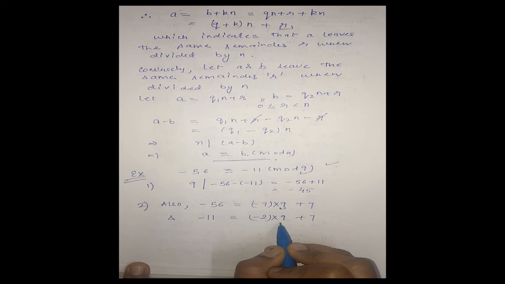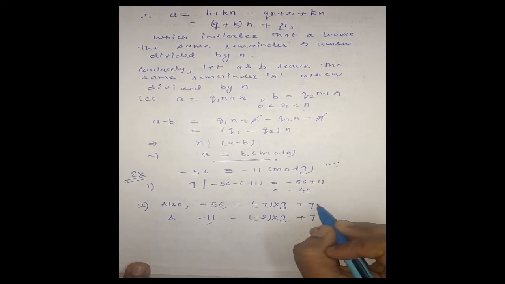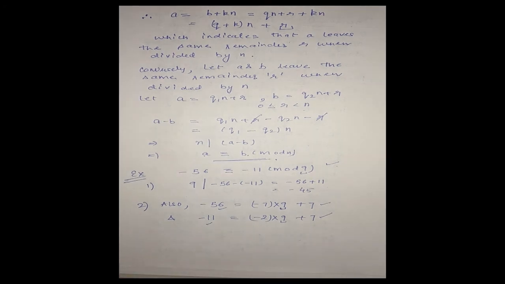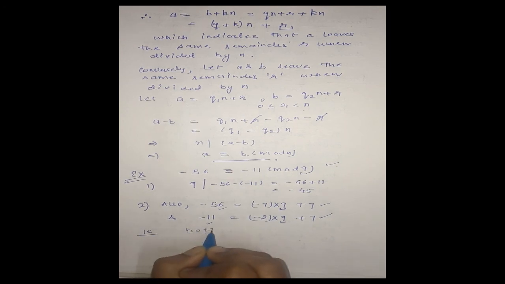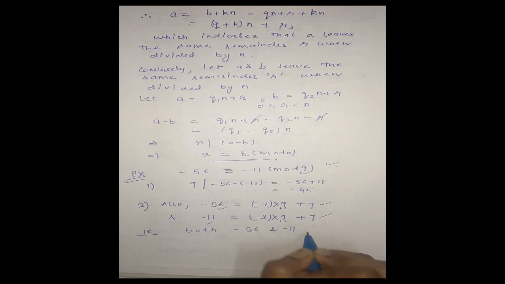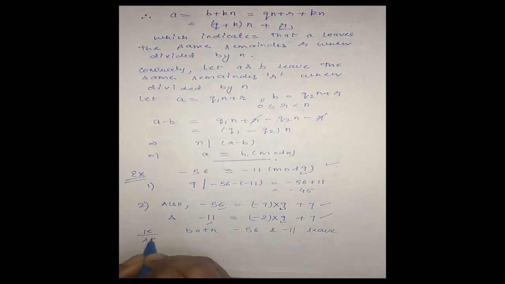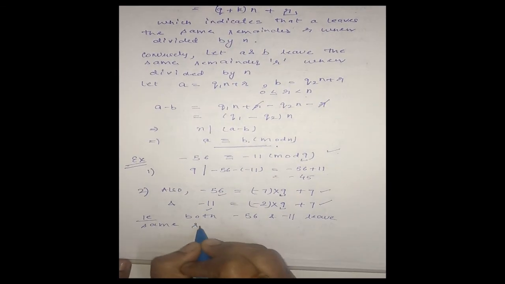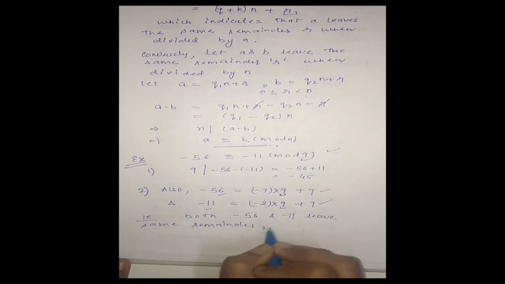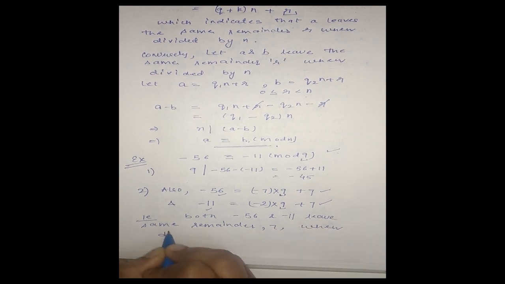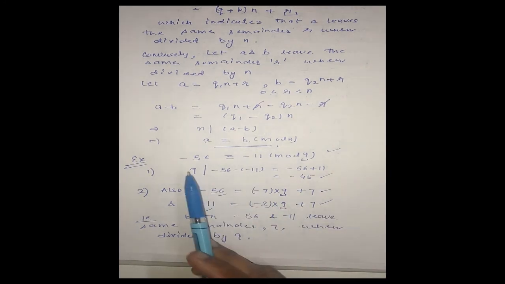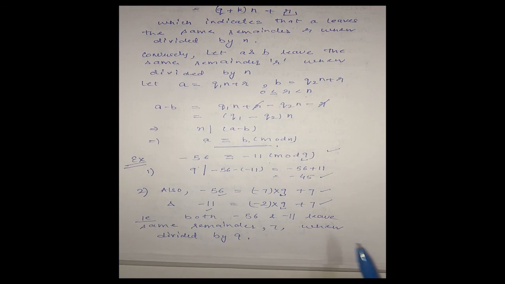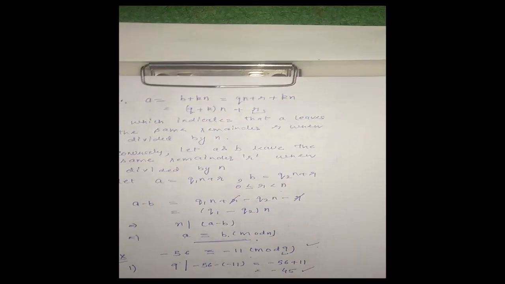Means on dividing by 9, minus 56 and minus 11 leave the same remainder 7. So 9 divides the difference, and both leave the same remainder. Clear? Now we will prove the second theorem.